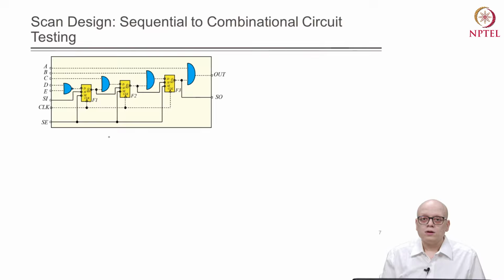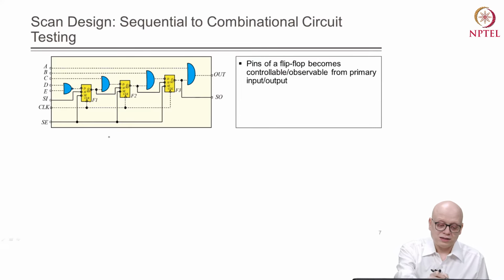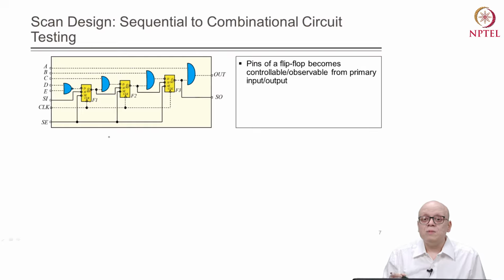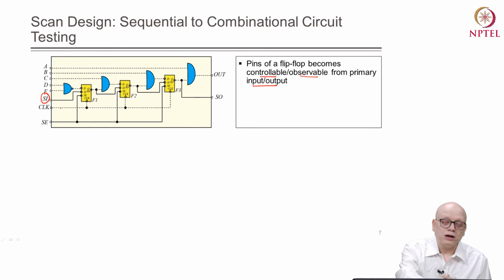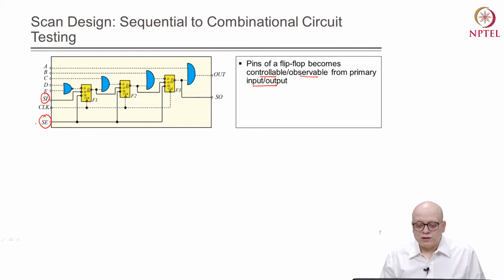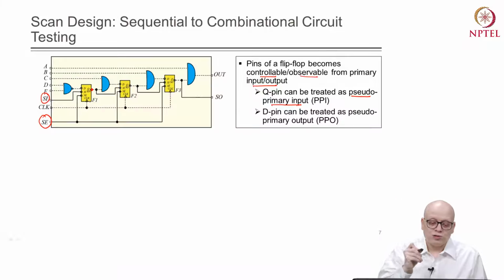Now, after we have done scan cell insertion in our design, the pins of the flip flops, meaning the D pins and the Q pins, have become easily controllable and observable from the primary inputs, in this case the SI input port and the scan enable. Once we have done the scan cell insertion, we can treat the Q pin as a pseudo primary input. Why can we treat the Q pin as a pseudo primary input?